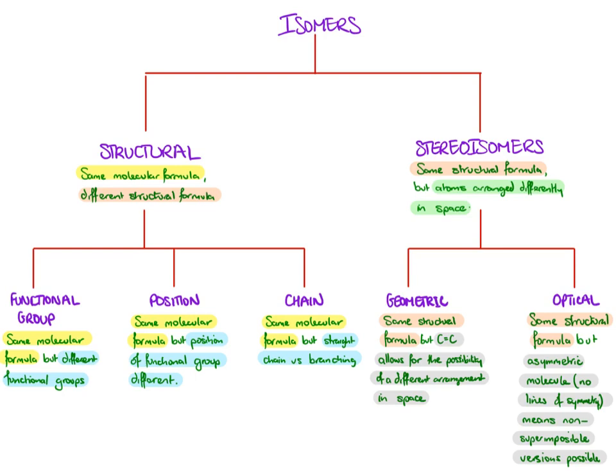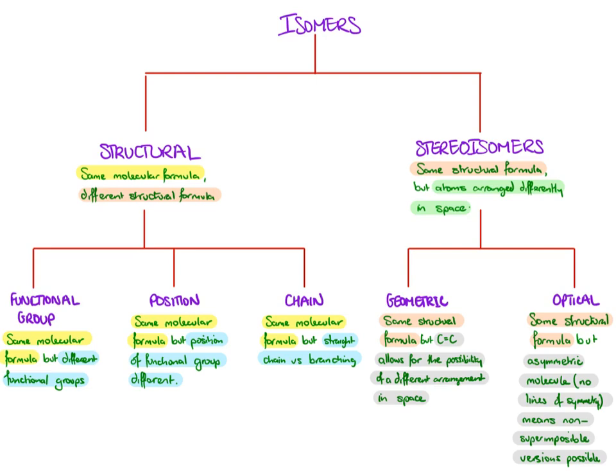We spent a fair amount of time on that, and then we also realised that there was another type of isomerism called stereoisomerism. Stereoisomers have the same molecular formula, but also the same structural formula. So they weren't immediately obvious if you were given a particular condensed structural formula.